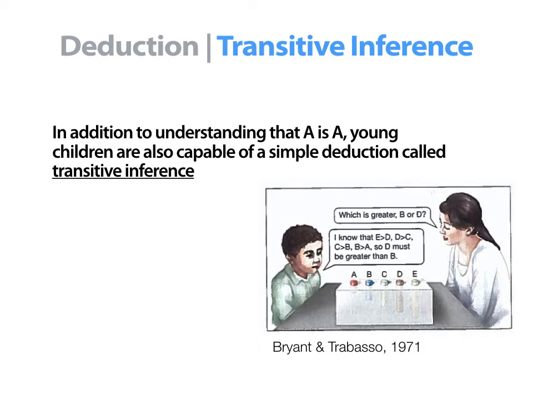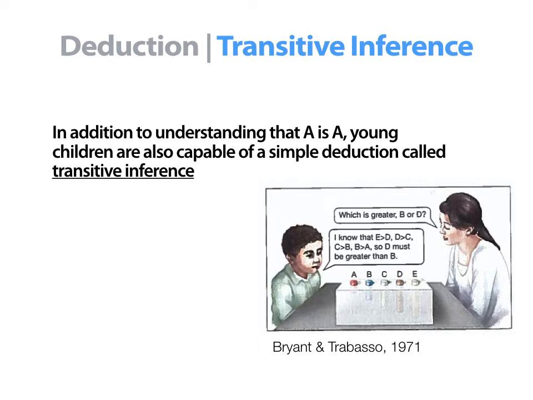So A would be shorter than B would be shorter than C would be shorter than D would be shorter than E. And they were just trained to 100% accuracy on those pairwise comparisons, A to B, B to C, C to D, and D to E. They were never trained on other comparisons, like which is greater, B or D. In order to answer a problem like that, they had to rely on transitive inference. And they found that nearly 100% of subjects were performing at above chance levels.